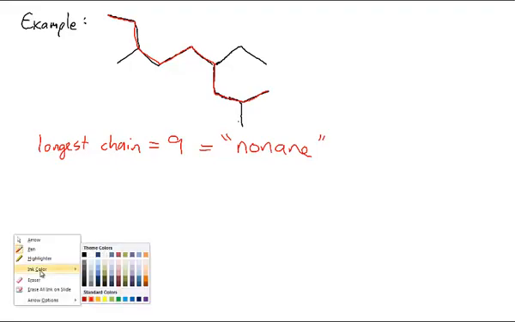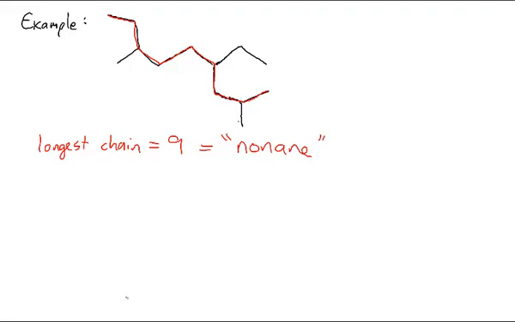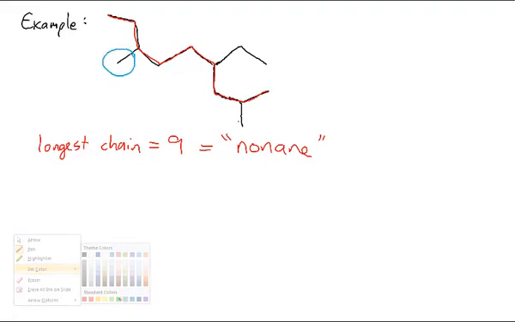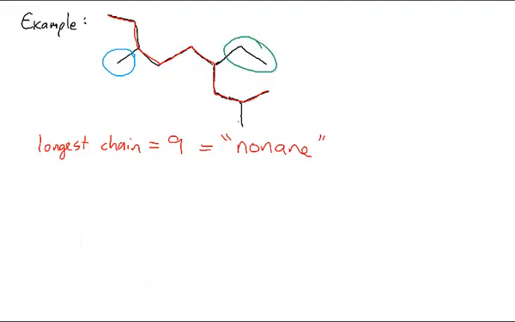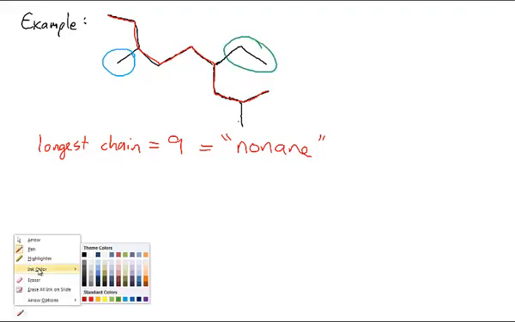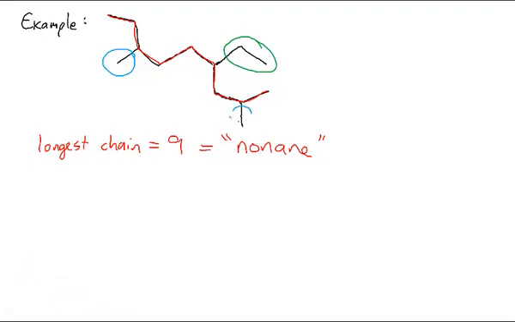I've got to identify my substituents first. So I see a substituent right here. I see a substituent right here. And I see another substituent down here. My two substituents that I circled in blue, how many carbons does each of those have? 1 carbon.